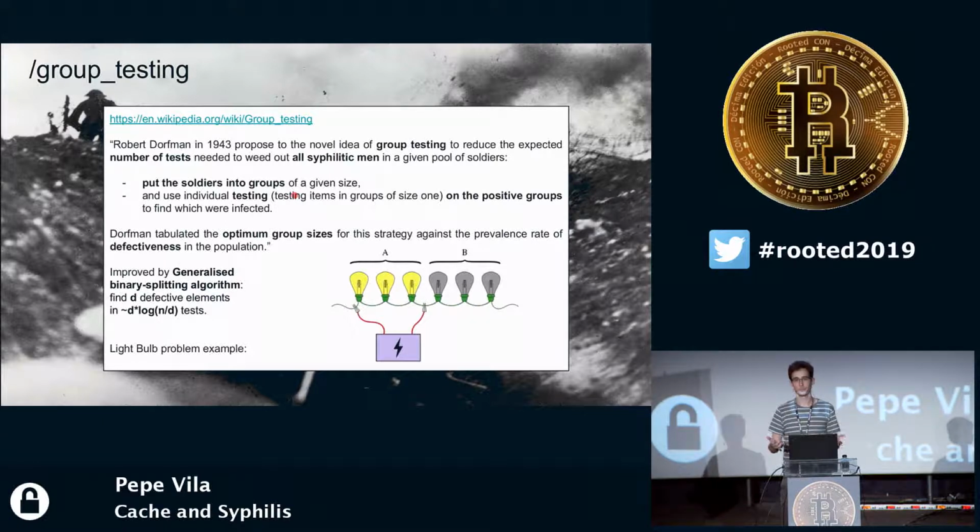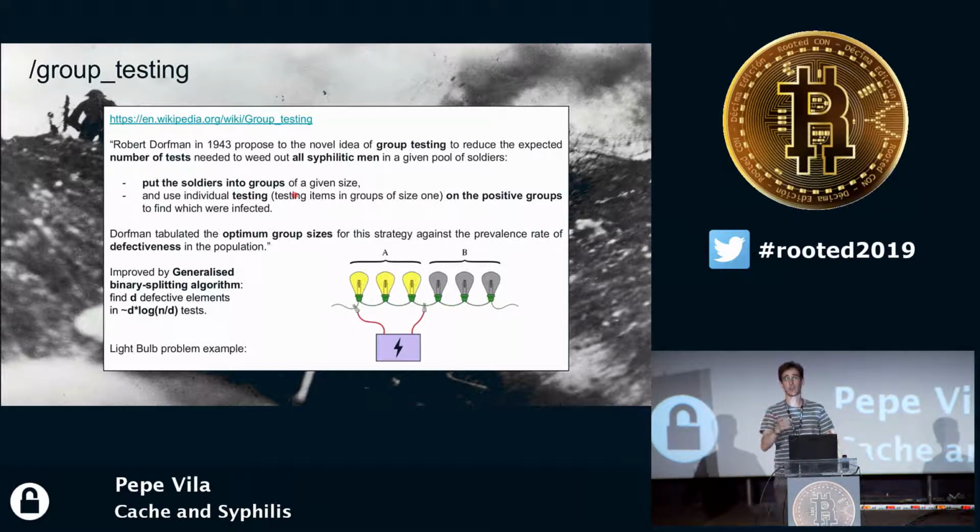So Robert Dorman decided to group tests. For syphilis, the test is sensitive enough that if you group many blood samples, even if only one is affected, the result is going to be positive, and the other way around. So you test the group.